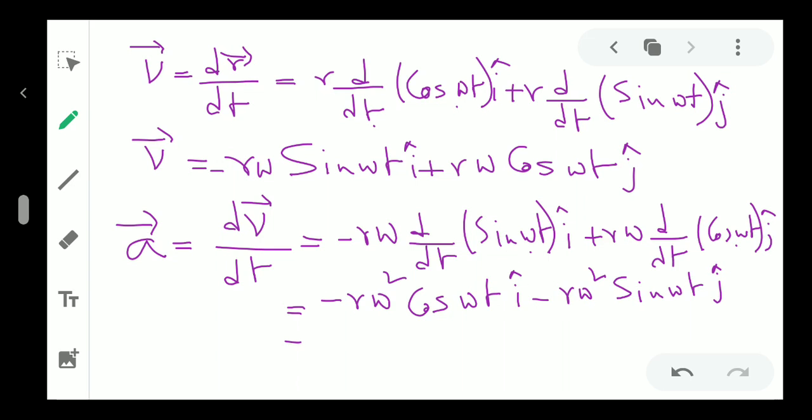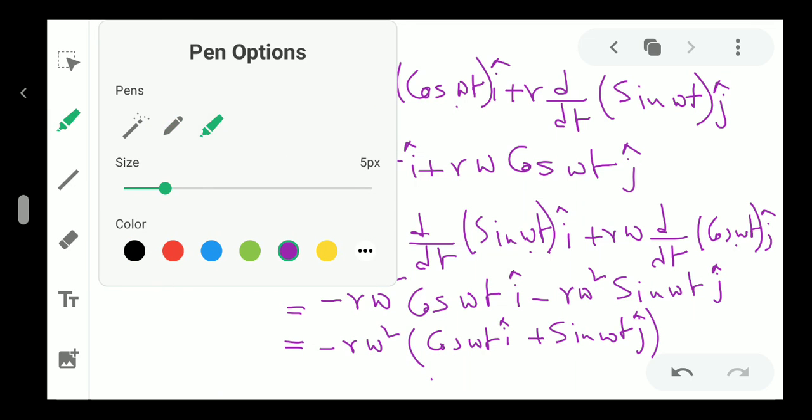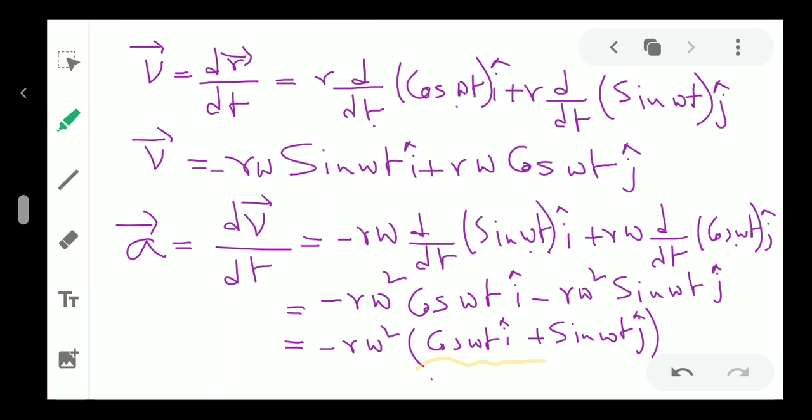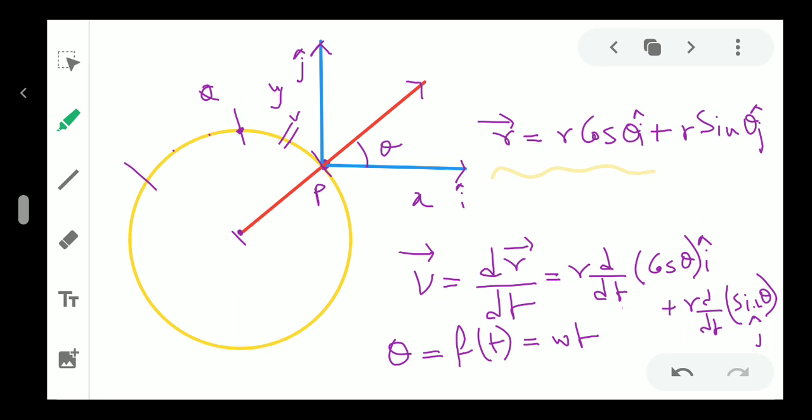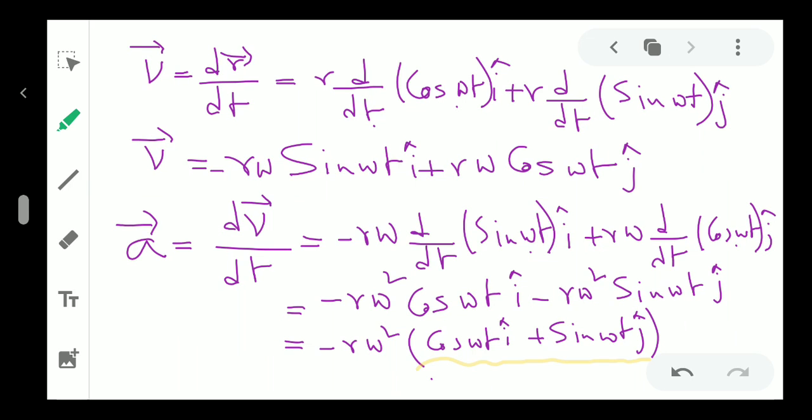If I take common minus r omega square, I will have cos omega t i cap plus sine omega t j cap. And if you recall, this term is nothing but your r vector.